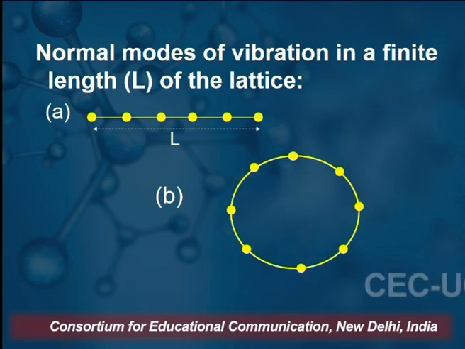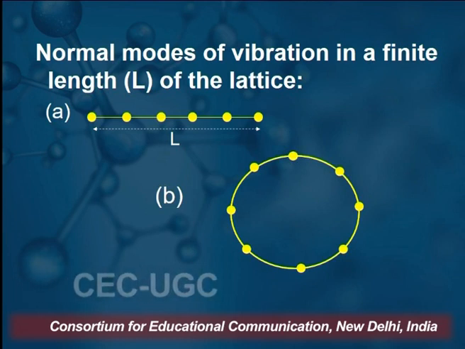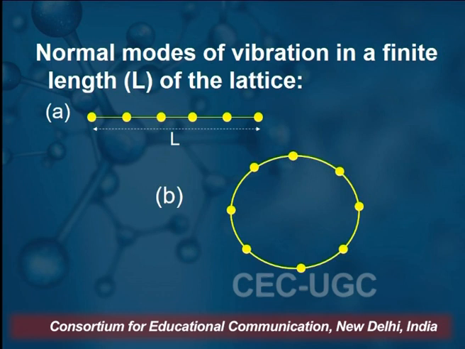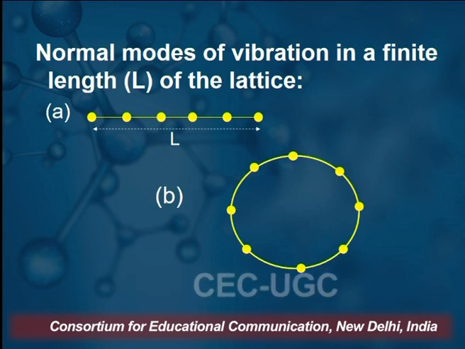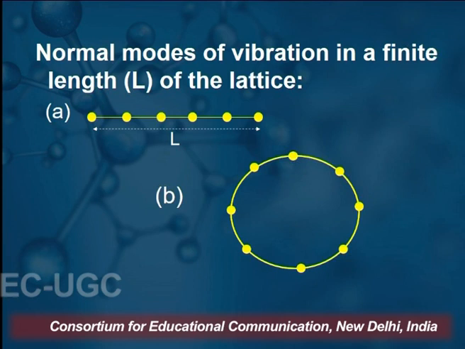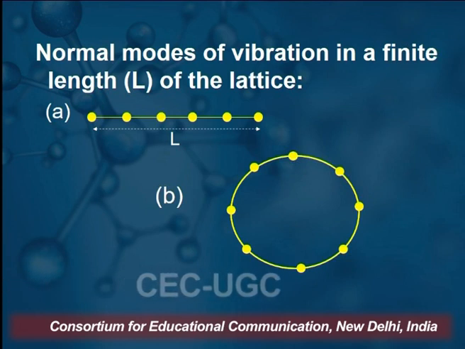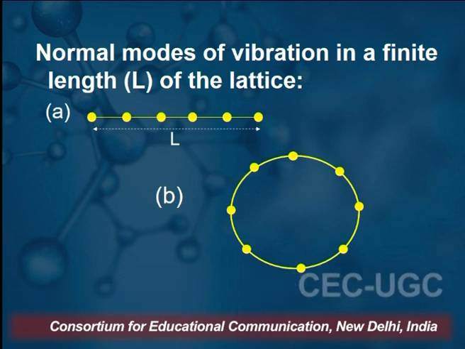The first one is figure A. Let me consider the length L, with the 0th atom and the last atom tightly fixed. This represents a normal mode if it satisfies the boundary condition that the displacement of the two ends must be 0.